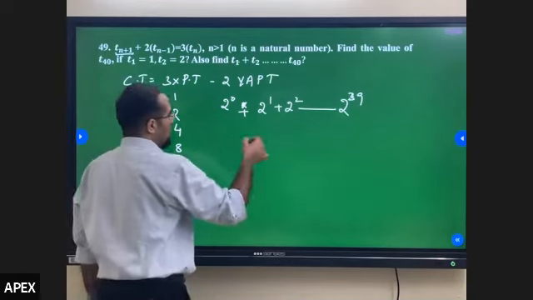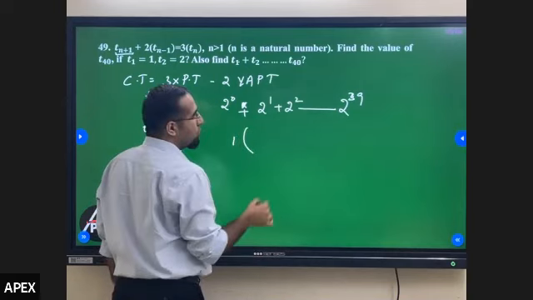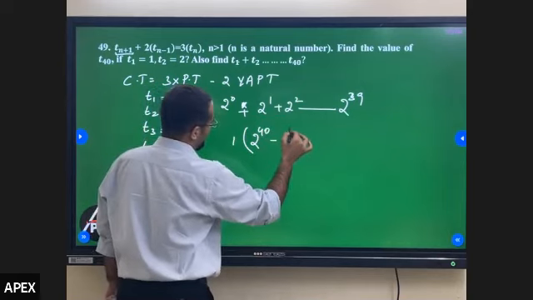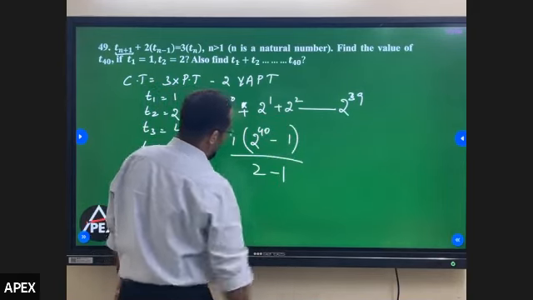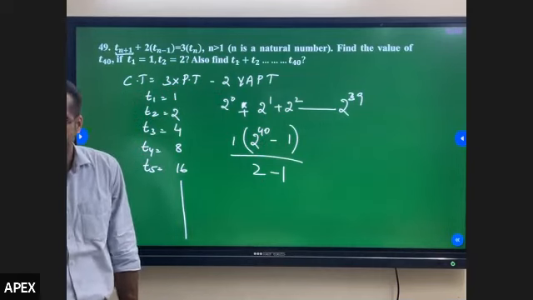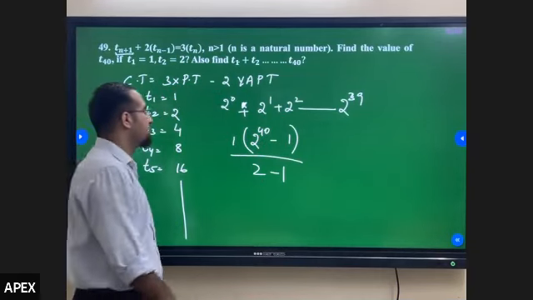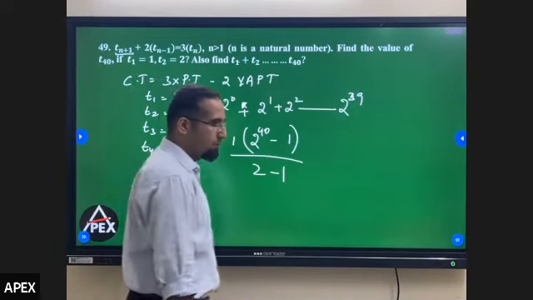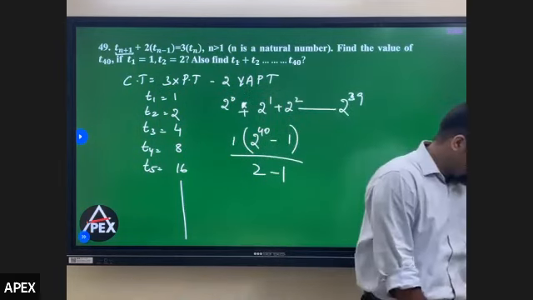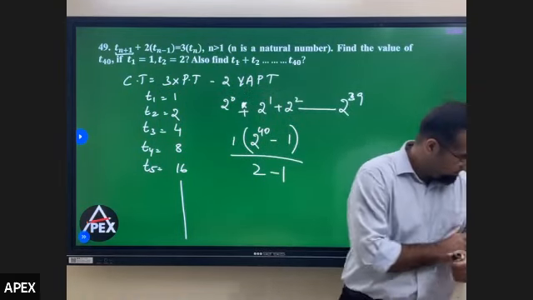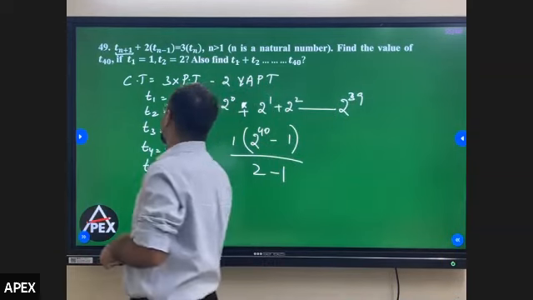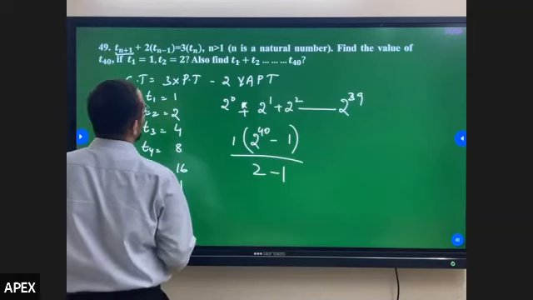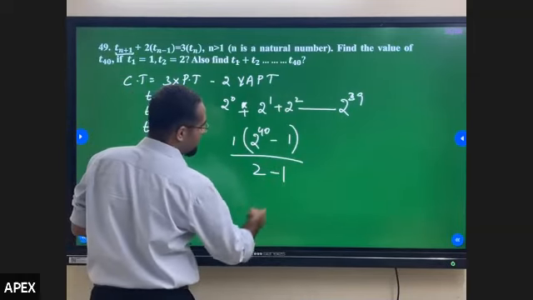So a into r to the power n minus 1 by r minus 1, with 40 terms. So 2 to the power 40 minus 1. Perfect. Clear? So we found the value of t40, and we found the sum of these terms also.